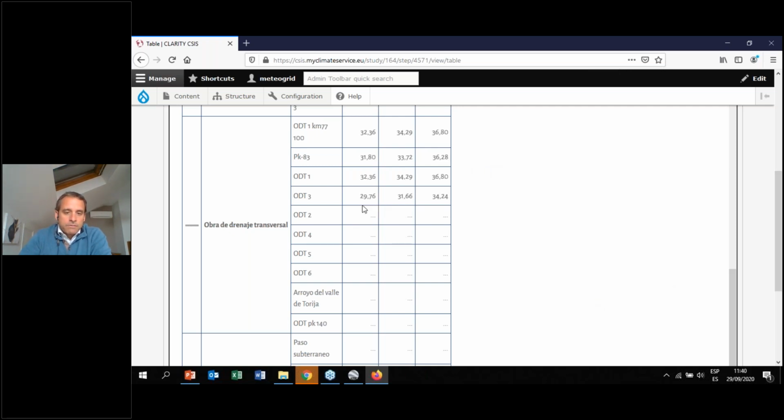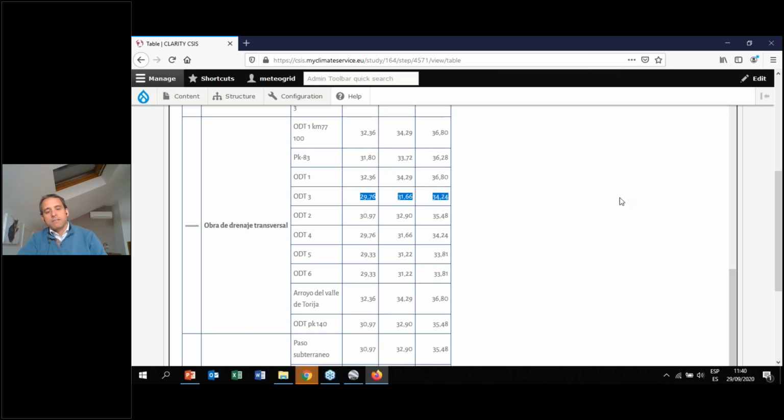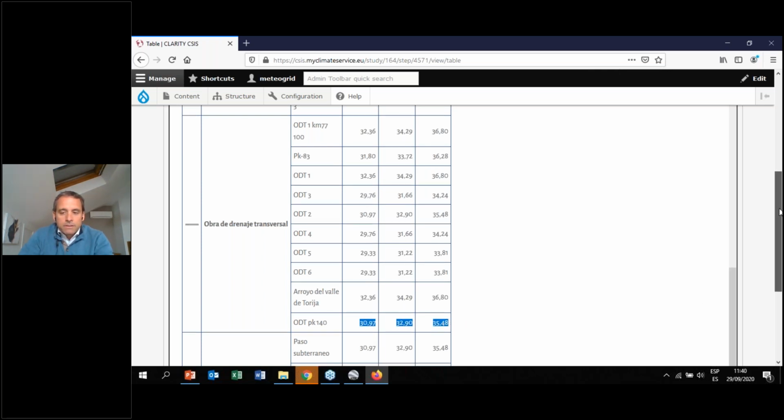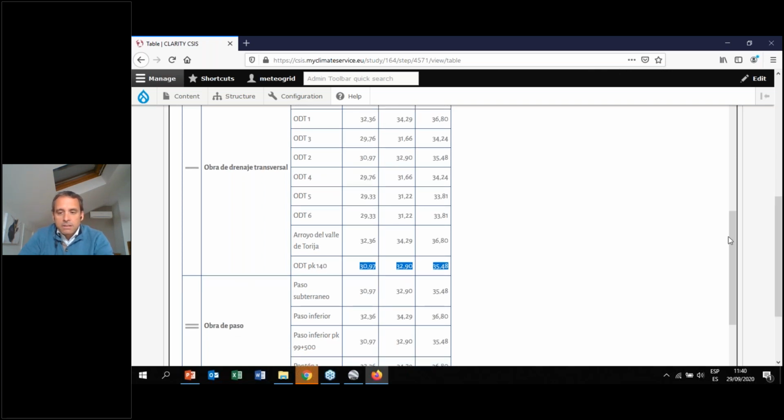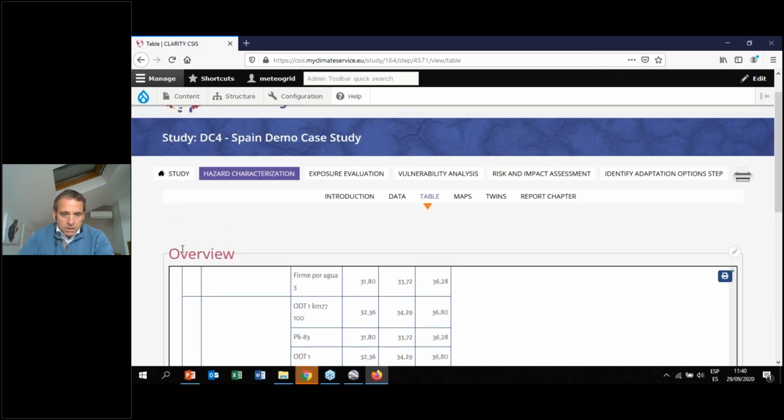You can see this example: we are increasing from 29 millimeters to 34. It's not a big increase in precipitation, but it's something that the road maintenance people must be aware of.